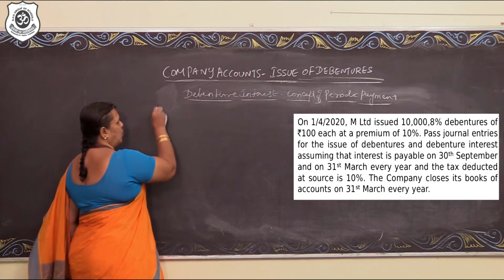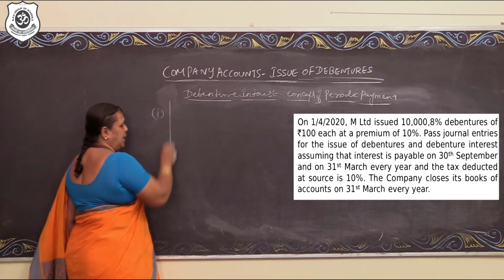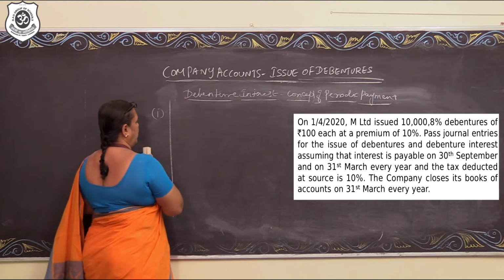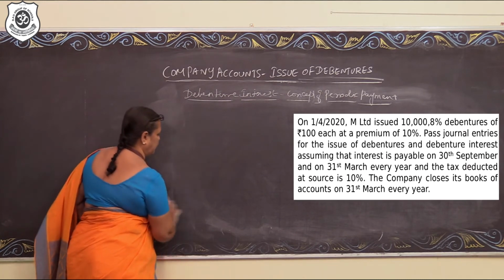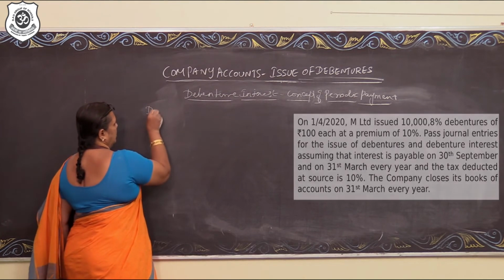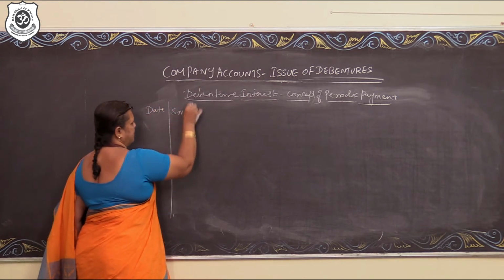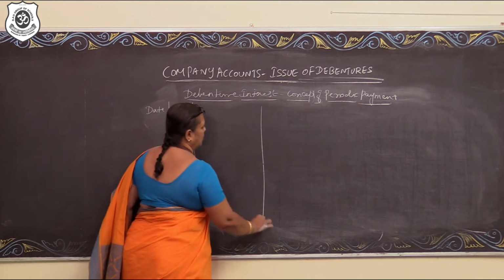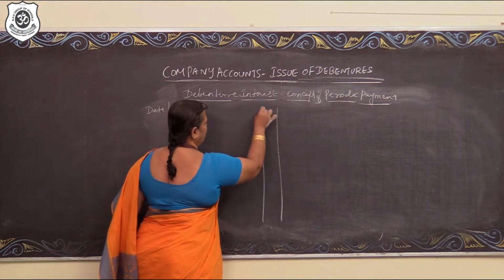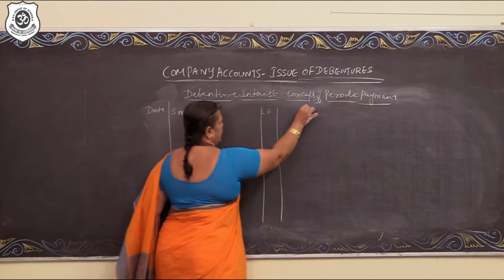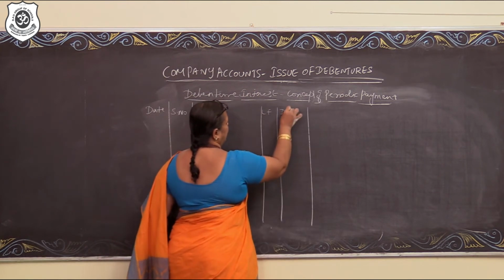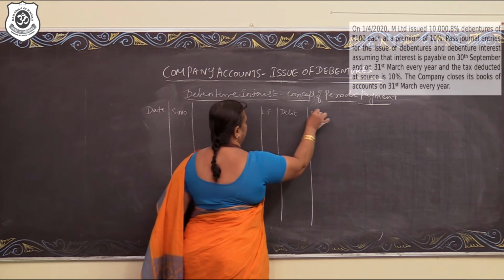So entry number 1, please remember date matters a lot. So we are going to create a date column also. So date, serial number, particulars, LF column, debit, credit.